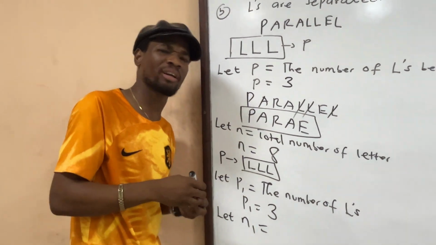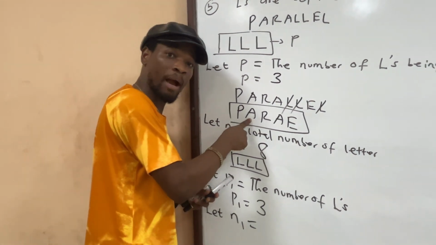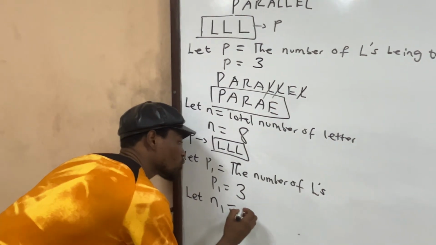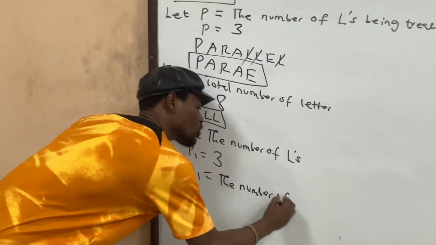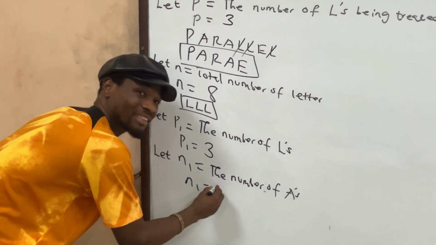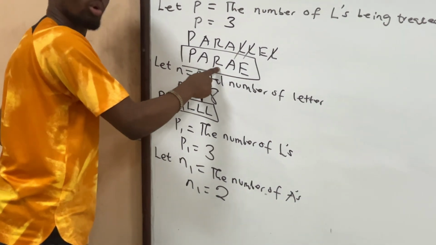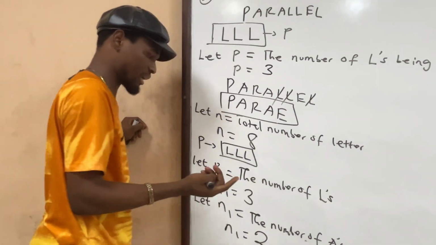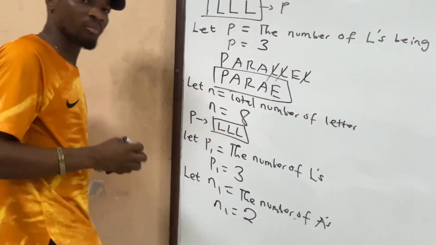So why should you worry yourself considering those appearing once? Is A appearing once? No, twice. So I'm going to consider A. Let N1 represent the number of A's. So N1 is equal to 2, since A appears 2 times. What about R? R appears only once, so I'm not going to consider that. E is appearing once, so I'm not going to consider that. So I have P1 only and N1 only.